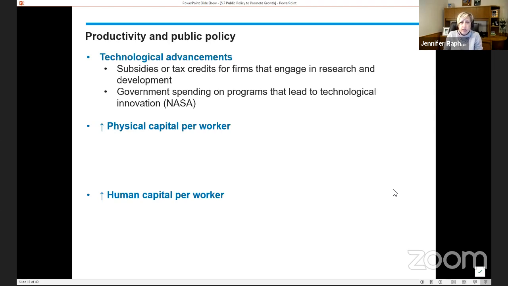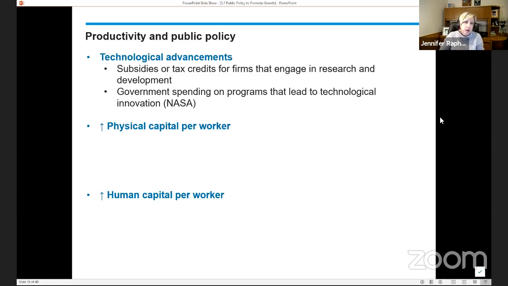Similarly, rather than incentivizing firms to do it, the government can spend money on programs that lead to technological innovation. NASA would be an example of a government run program, a government agency whose innovations have had major benefits for the economy as a whole.